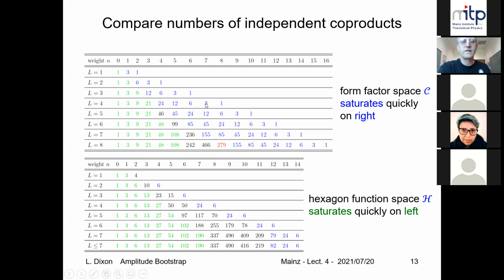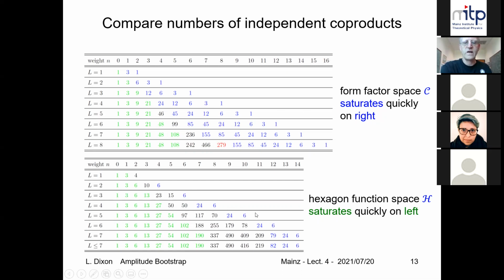We take coproducts, we figure out how many independent quantities there are, and we keep iterating to the left. And at some point, we hit saturation in that the number at a given weight is what we saw before. And just as in the form factor case, we make the number green then, and we say that it is saturated.